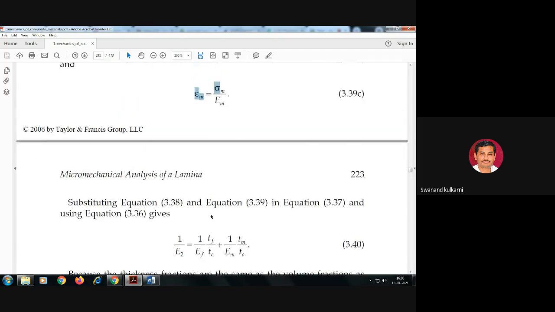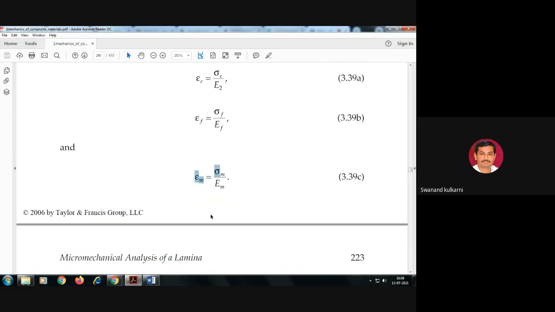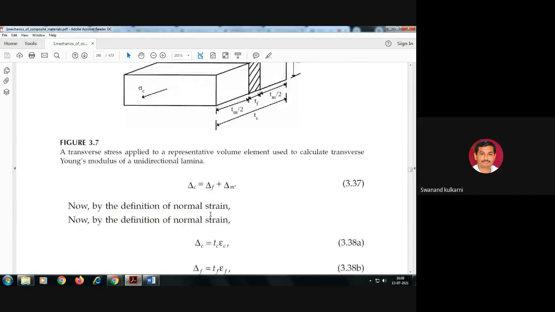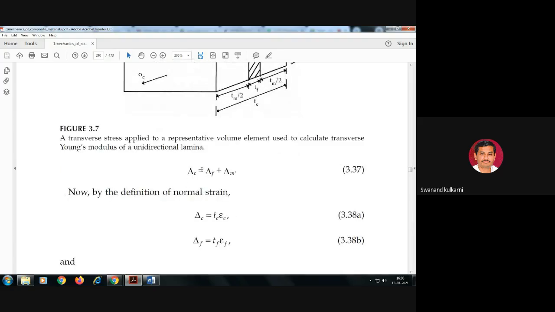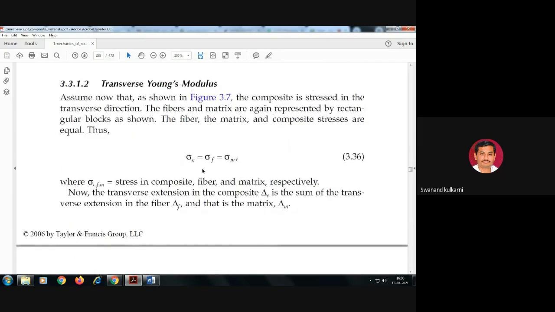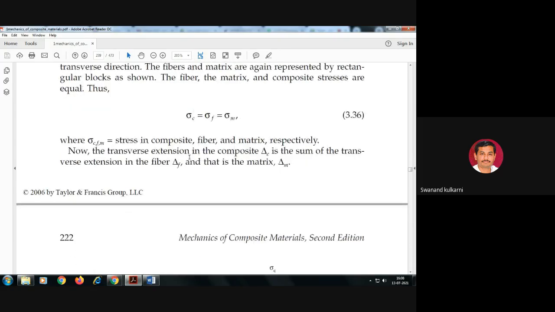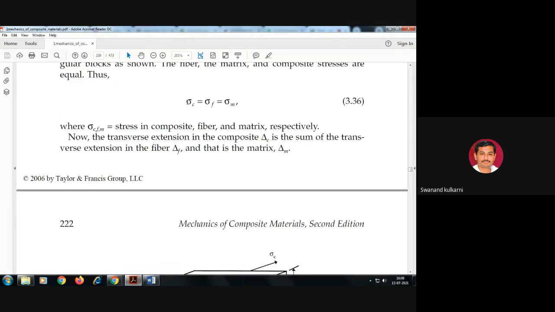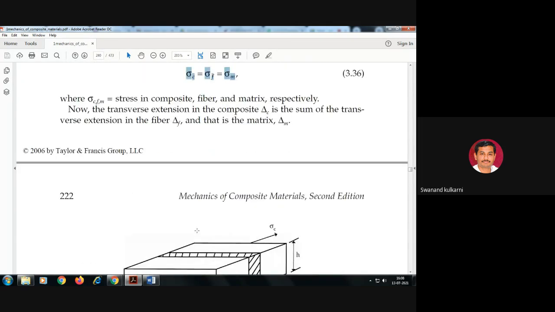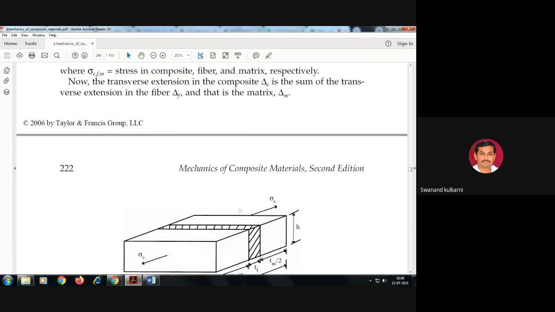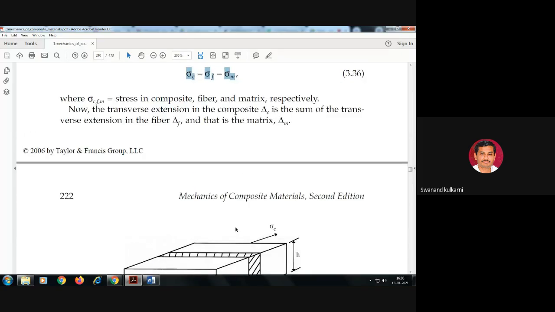Then substituting all these equations, this 3.39 in equation 3.37 and 3.36. This is 3.37 here, and 3.36 here. Stress is the same. Here we have considered that stress on composite material is the same as stress on fiber material and stress on matrix material.